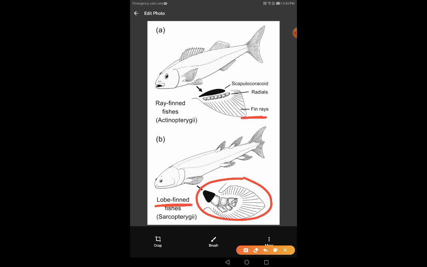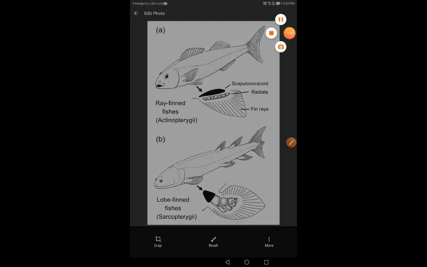Their strong fins can be adapted or changed into limbs, as we are going to see. Let's move back to our lesson and continue our explanation.